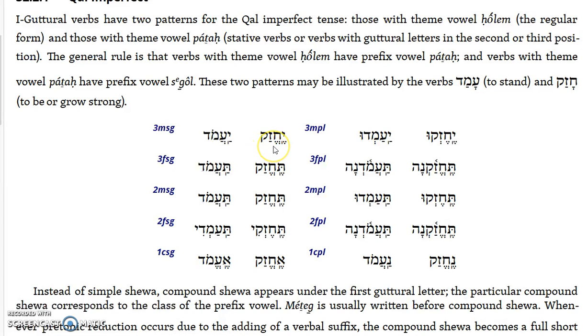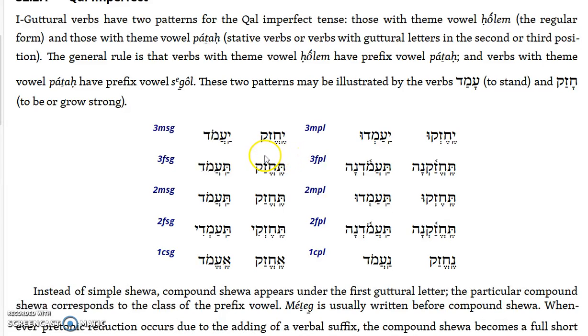And because it has an A-class vowel rather than an O-class, as in amod, which has an O-theme vowel, and here you have an A vowel, and that's going to affect the half vowel under the guttural. So again, you have a hireq. Theoretically, you should have had a hireq under the yod, a shewa under the het. Should have been yichzak.